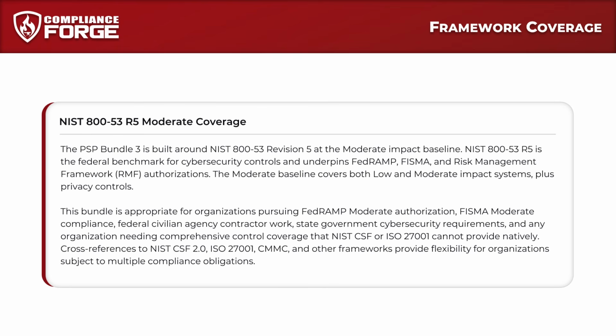This bundle is appropriate for organizations pursuing FedRAMP moderate authorization, FISMA moderate compliance, federal civilian agency contractor work, state government cybersecurity requirements, and any organization needing comprehensive control coverage that the NIST CSF or ISO 27001 cannot provide natively. And cross-references to other frameworks provide flexibility for organizations subject to multiple compliance obligations.